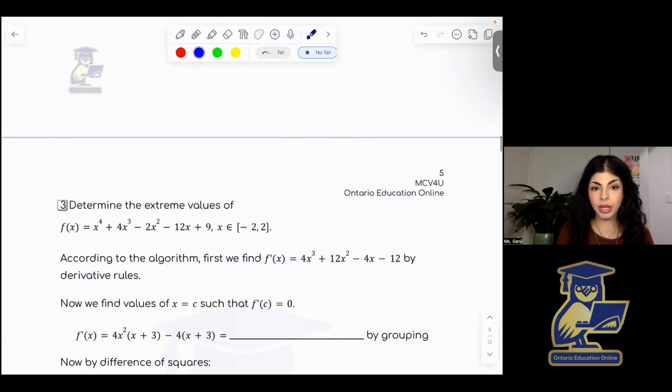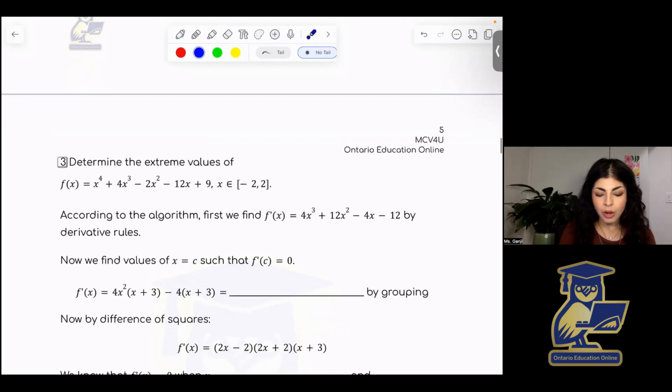So now let's try with an example. Here we have a polynomial function with a degree of 4. And so now we're seeing this algorithm as a general algorithm, so not necessarily in an application problem. So for this function and the closed interval of -2 and 2 inclusive, based on our algorithm, we want to find f prime of x, so the derivative function.